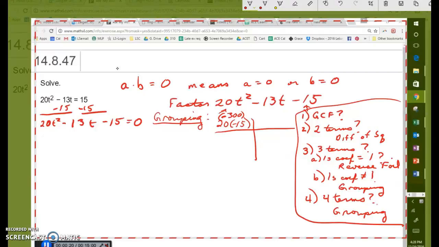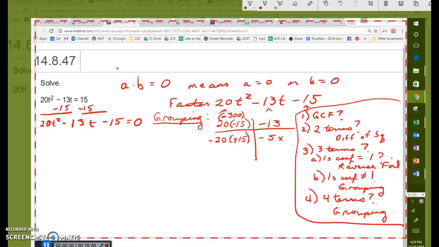They have to multiply to negative 300 and add to the middle term, which is negative 13. Okay, so we could start with 20 and negative 15. And we would want the largest number to be negative and the smallest number to be positive, so that when you add them together you get a negative number. But negative 20 plus 15 equals negative 5, not negative 13.